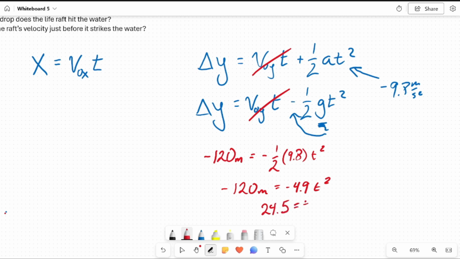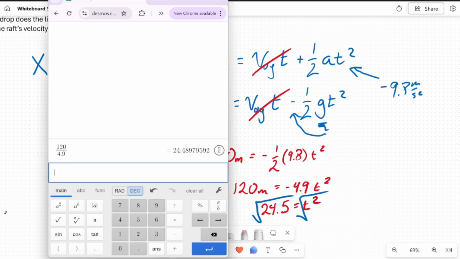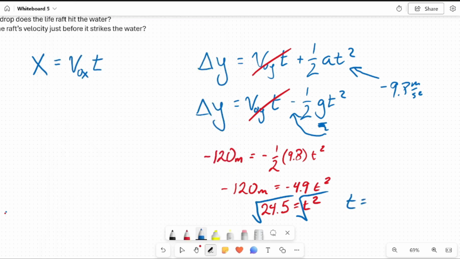24.5 is equal to t squared, which means I still need to do one more step. I need to take the square root of both sides of that. The square root of that answer is 4.95. So my final answer, now I know that time is 4.95 seconds.